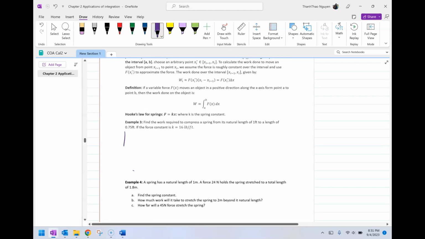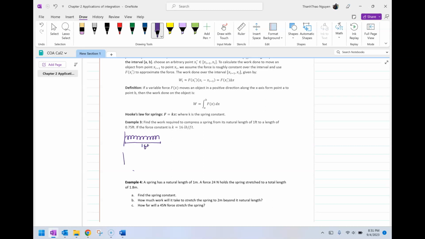You have a spring and this is 1 foot long, and we want to compress this so that it becomes the length of 0.75 feet.